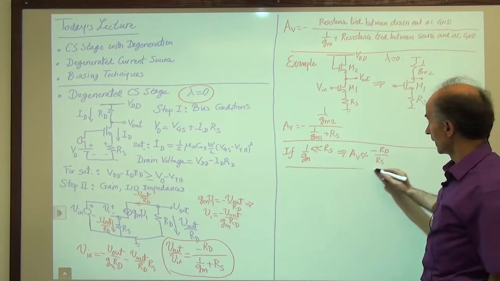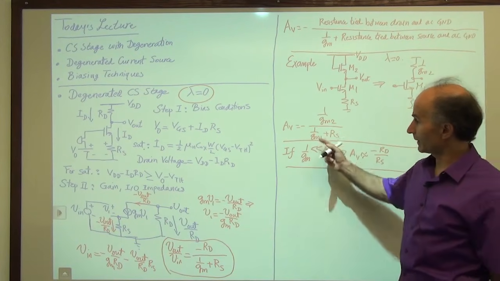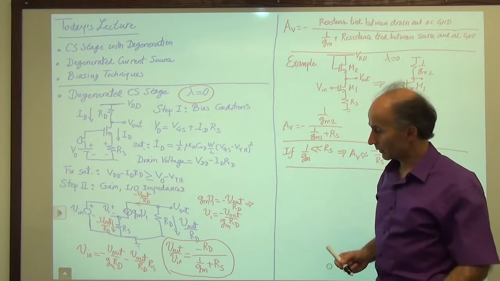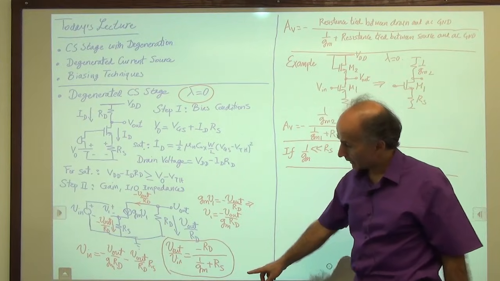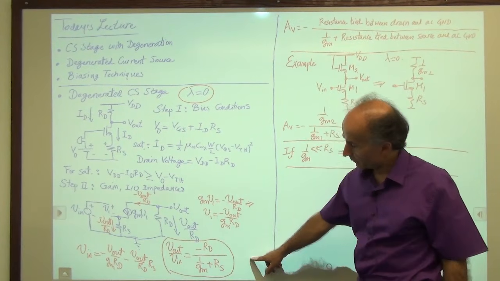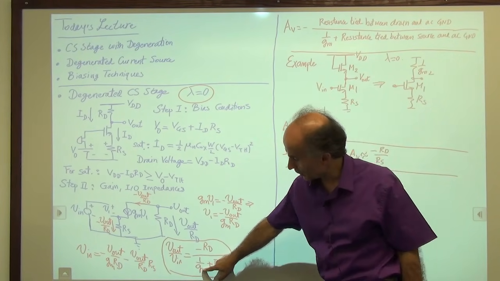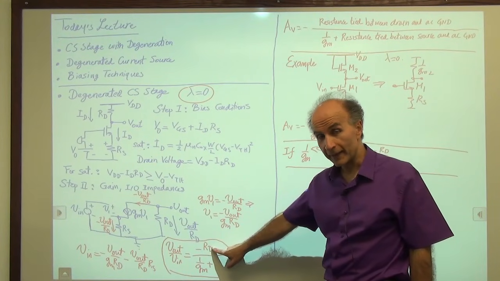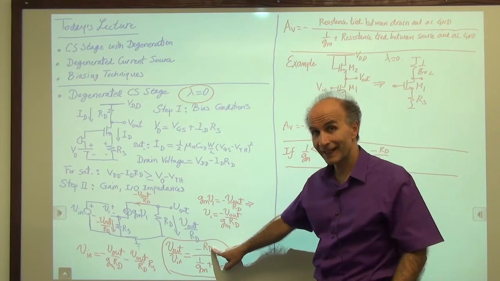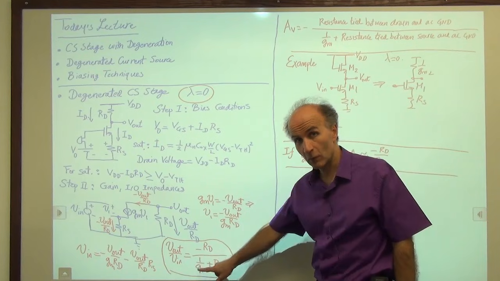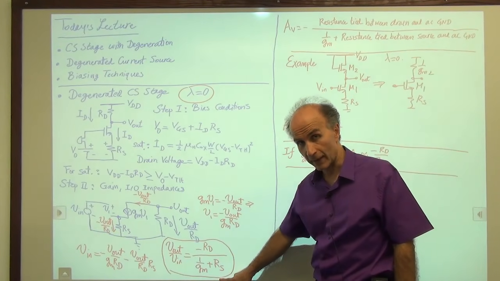Okay, so that's good. We saw that we have less dependence, but also the trade-off is that, as you can see here, previously the gain was just GM times RD. But now that I have degeneration, the gain is less, is RD over 1 over GM plus RS.